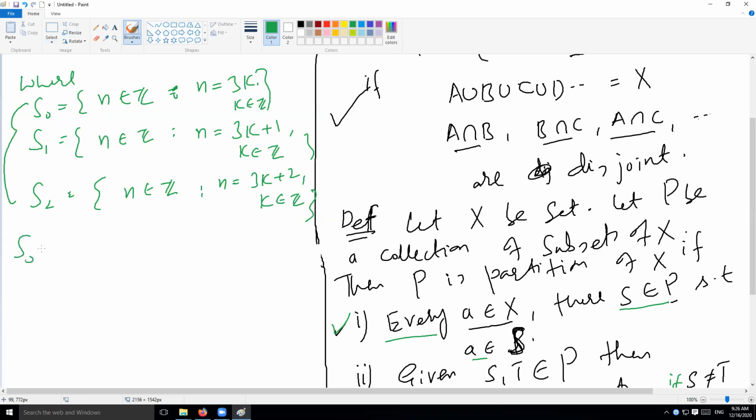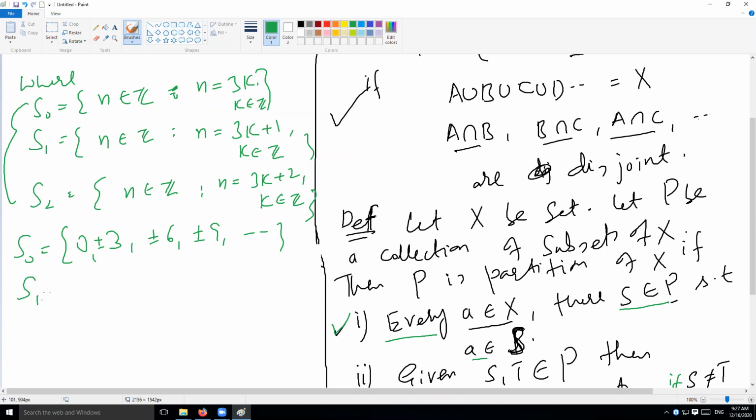If I write it explicitly in terms of elements, what is S0? Sir, S0 contains all those elements which are multiples of 3. So obviously 3 is going to come, 3 is a multiple of 3, and minus 3 is also a multiple of 3. So plus minus 3, plus minus 6, plus minus 9, and so on, they all are going to come inside the set S0. But not only 3, 0 is also going to come because 0 is also a multiple of 3.